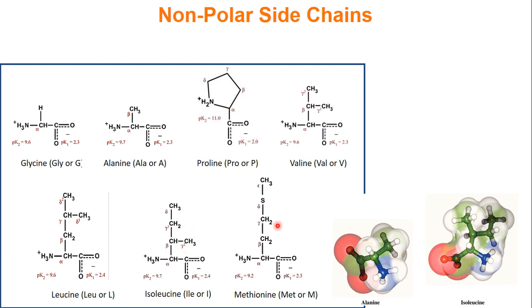And finally, methionine. Methionine is the only one other than cysteine to have a sulfur. So you have 4 side chain groups: carbon, carbon, sulfur, carbon. CCSC. That's for methionine.